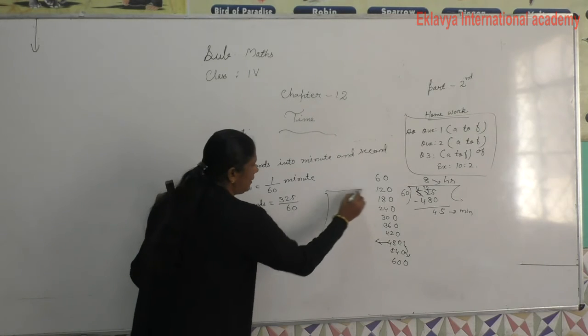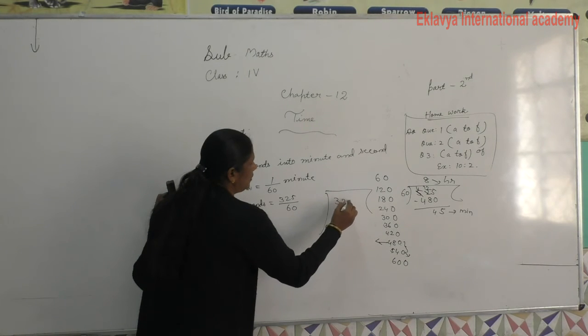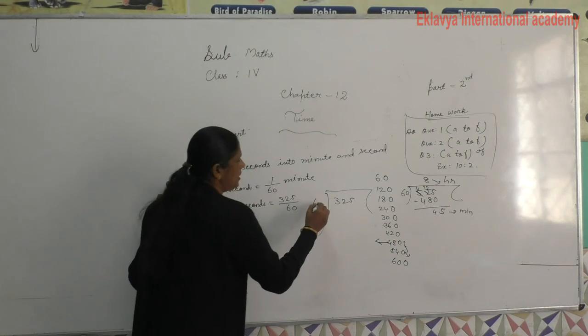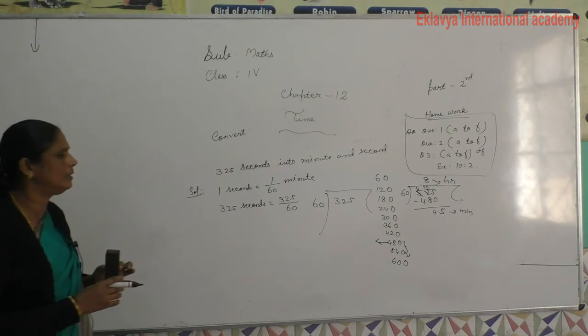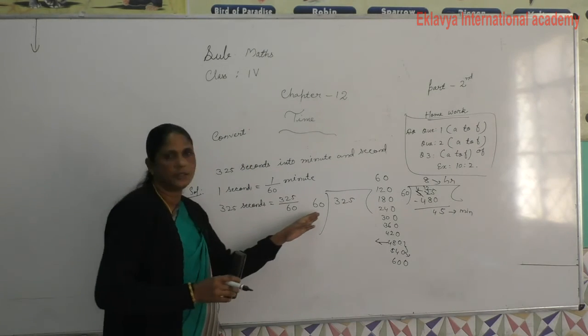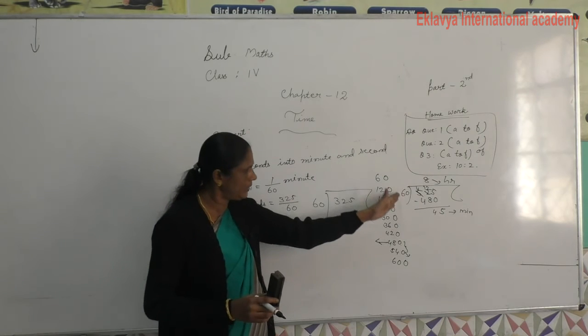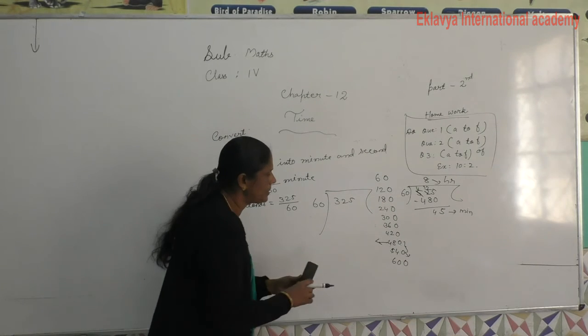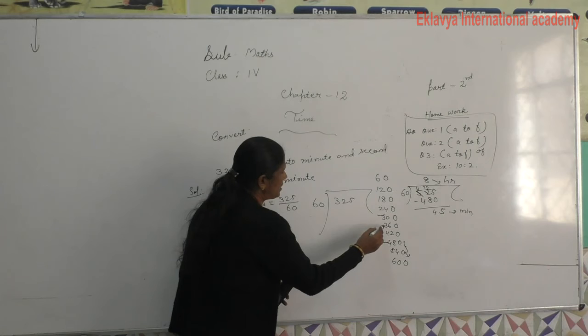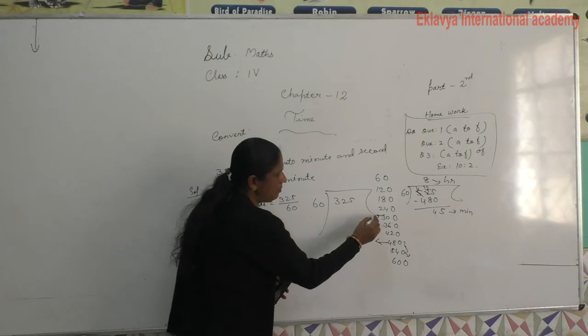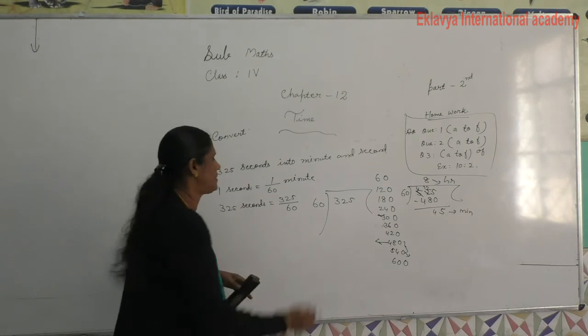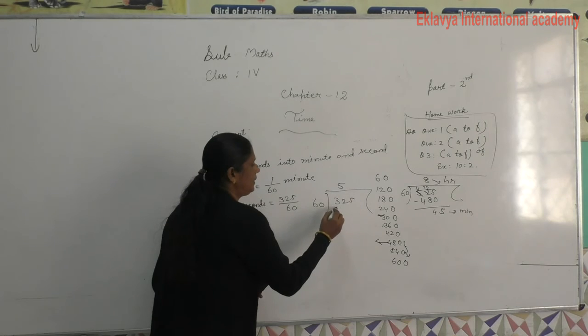Again you divide 325 by 60. How many times does 60 go? Write the table of 60. 5 times: 5 sixties are 300.